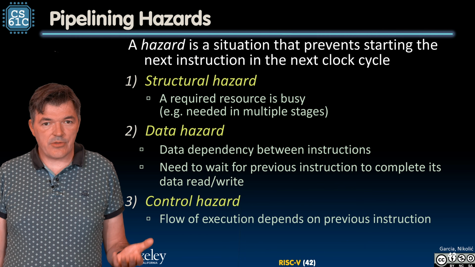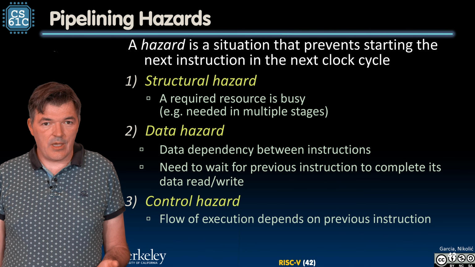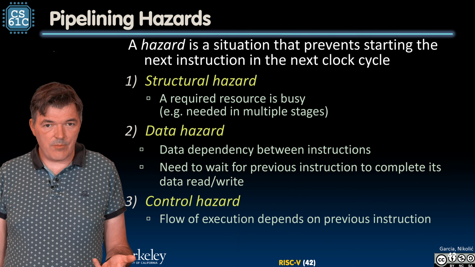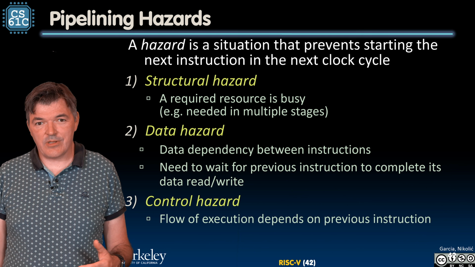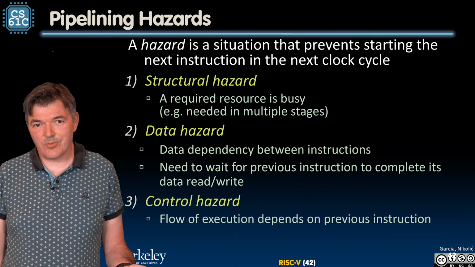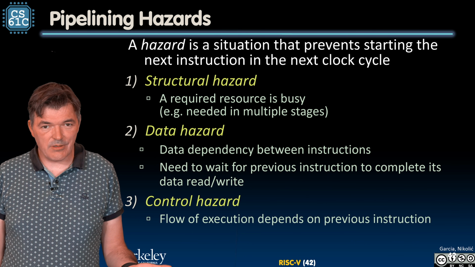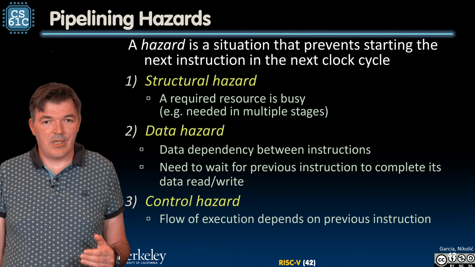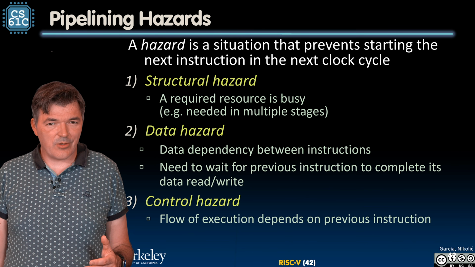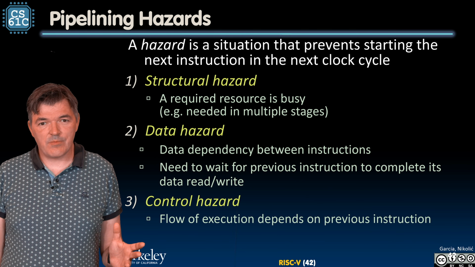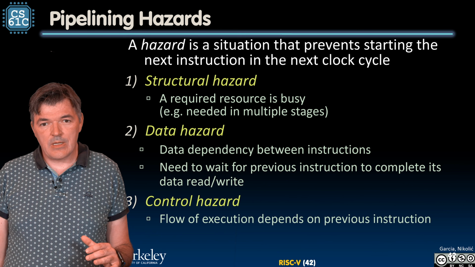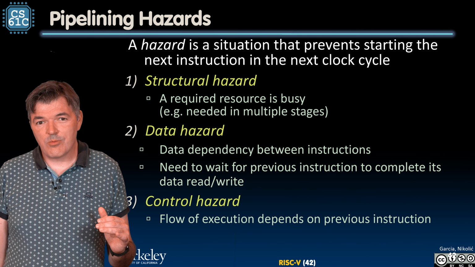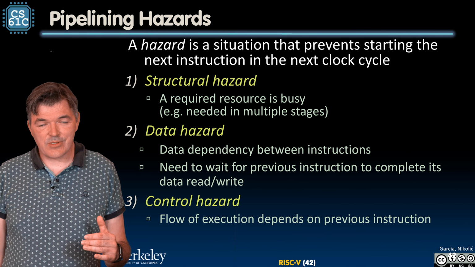There are generally three types of hazards, so it is important to understand them because they have different solutions that will avoid running into those hazards. In general, why are they called hazards? Because, especially earlier on, it was not clear who was going to take care of these issues.